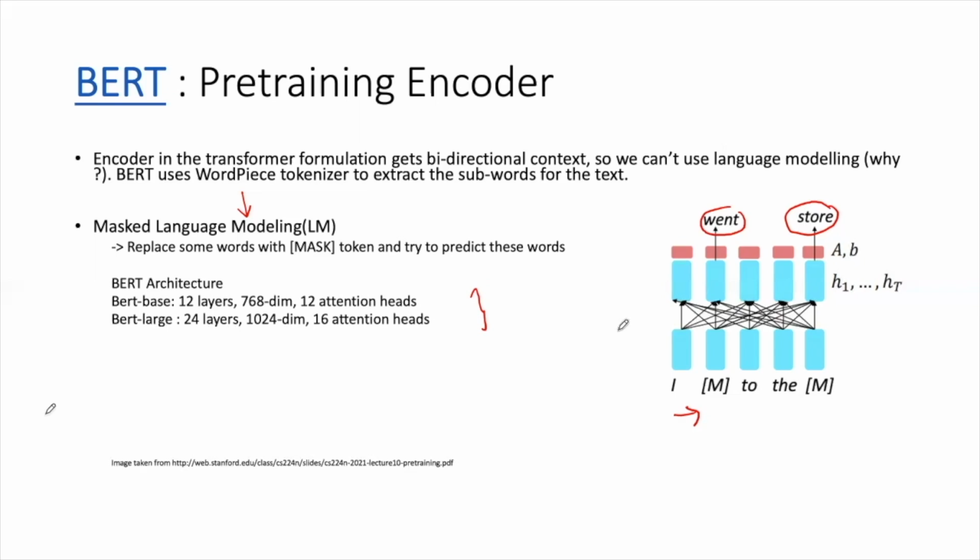The main reasoning is that if you always mask certain words and never retain the original words, the model may lose track of what the actual original word is. That's the reason you sometimes mask, and other times retain the original word.